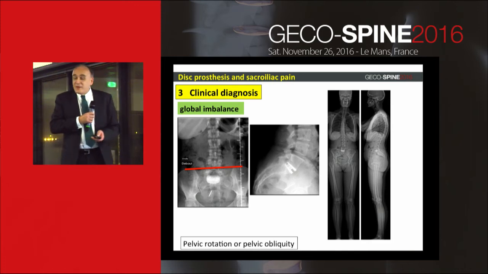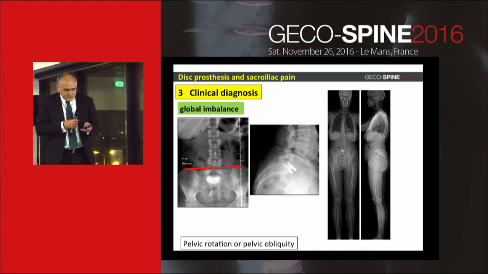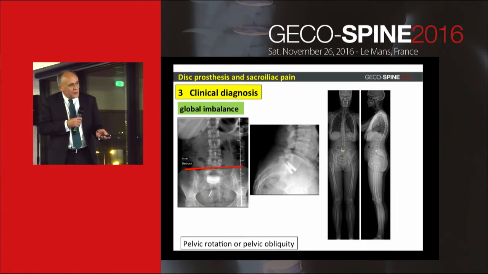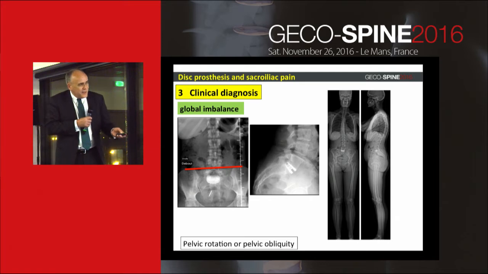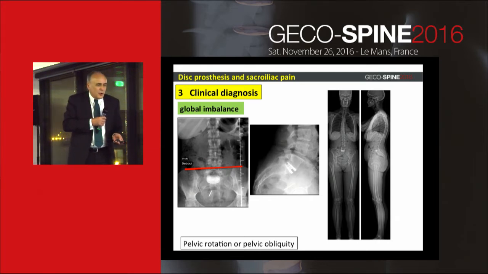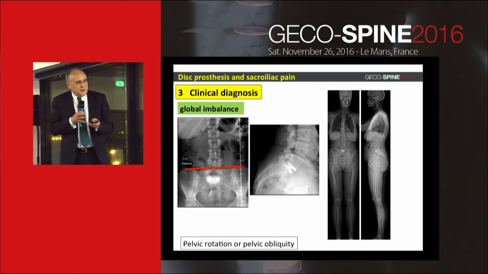So X-ray is something also interesting because sometimes we understand immediately what is occurring with this, which can be pelvic obliquity, but it can also be what I call pelvic rotation, because on the X-ray, one of the iliac wings seems shorter, seems thinner than the other.